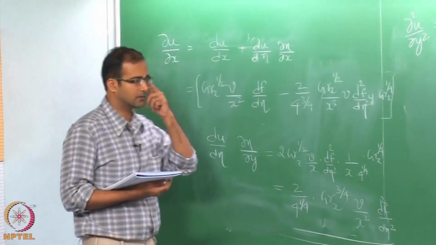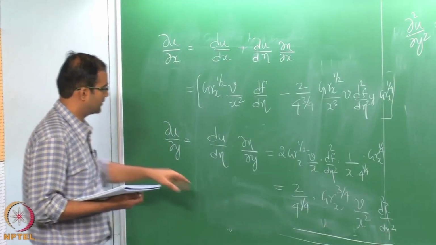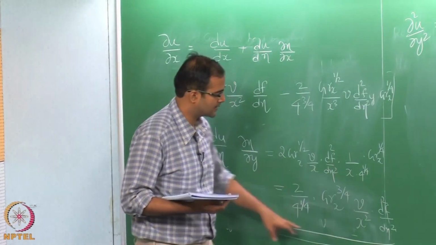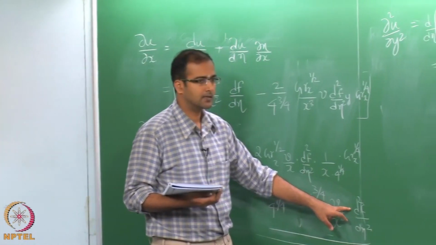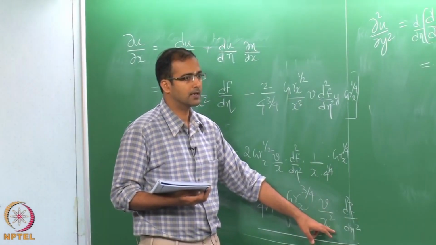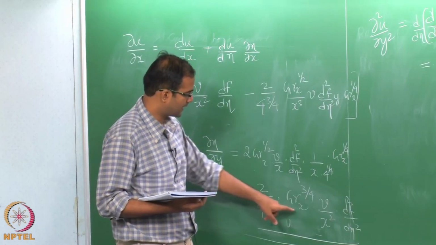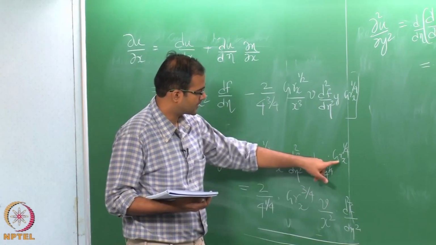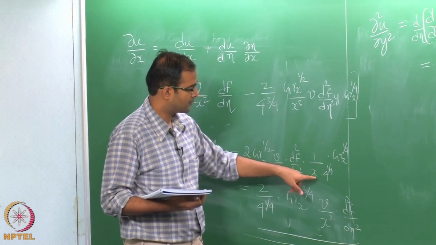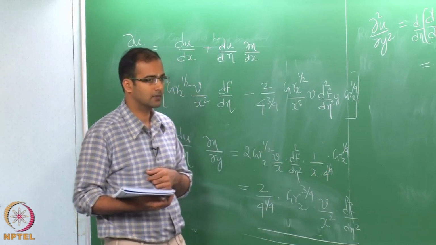Okay, please check once again. So, we have all this is constant, you have to differentiate with respect to eta, d cube f by d eta cube into d eta by dy. So, d eta by dy will again give Gr x power 1 by 4 by x into 4 raised to the power 1 by 4.